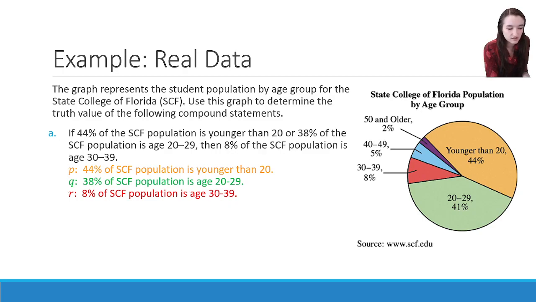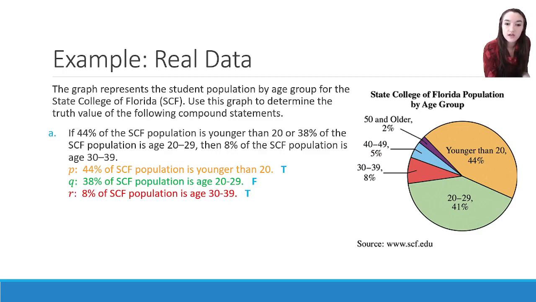So 44% of SCF population is younger than 20. So here we have the younger than 20, and yeah, it is 44%. So that one is true. 38% is age 20 through 29. So here's 20 through 29, and that's 41%. So that one is false. And 8% of the population is 30 through 39. That's right here, and yep, that one is in fact true. So we get each of these.